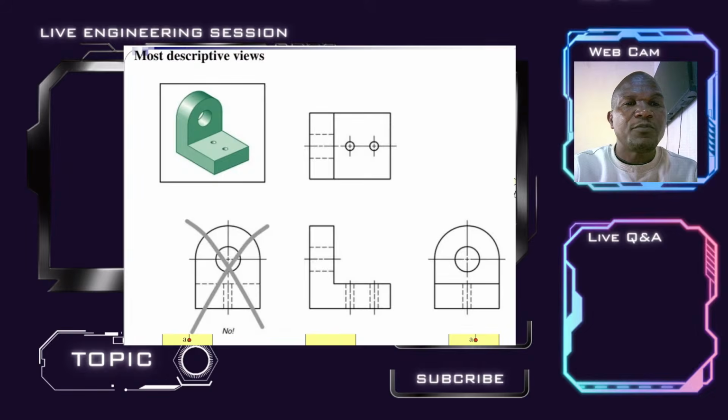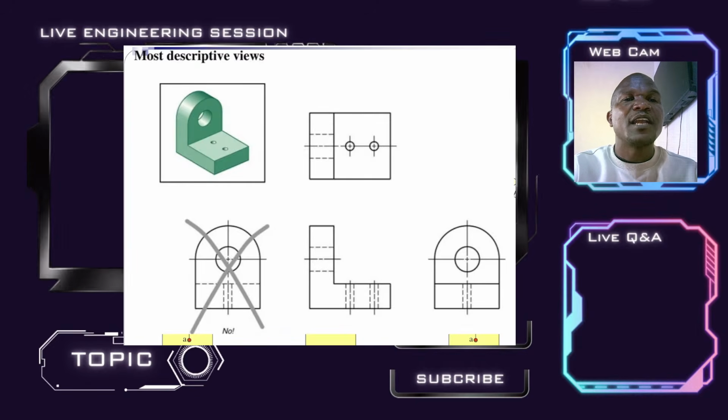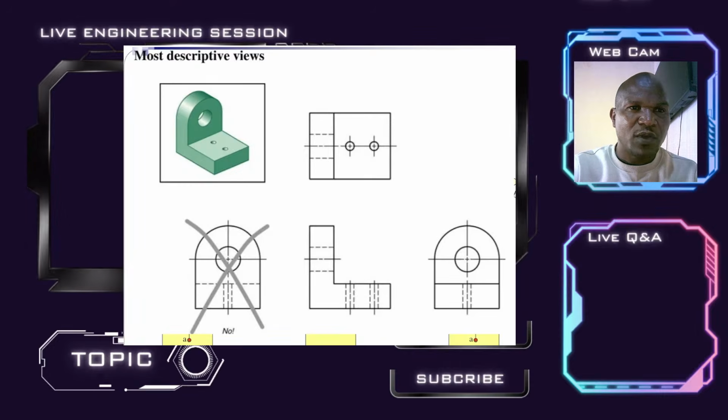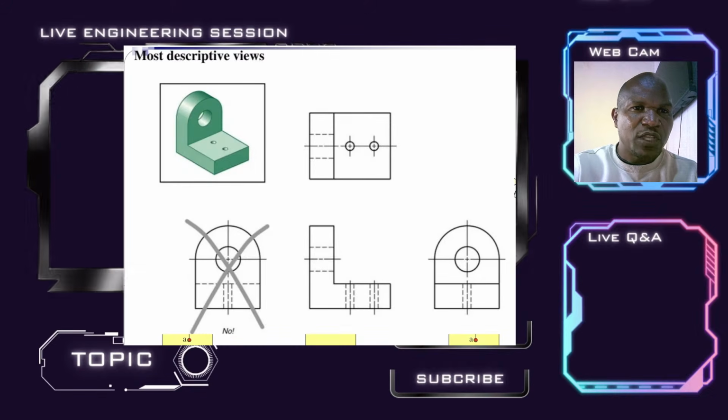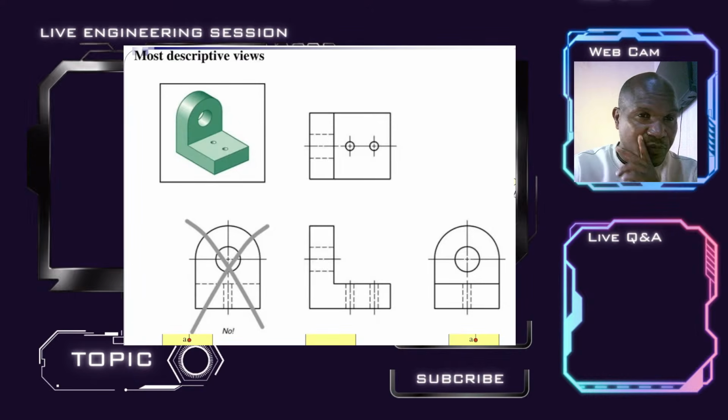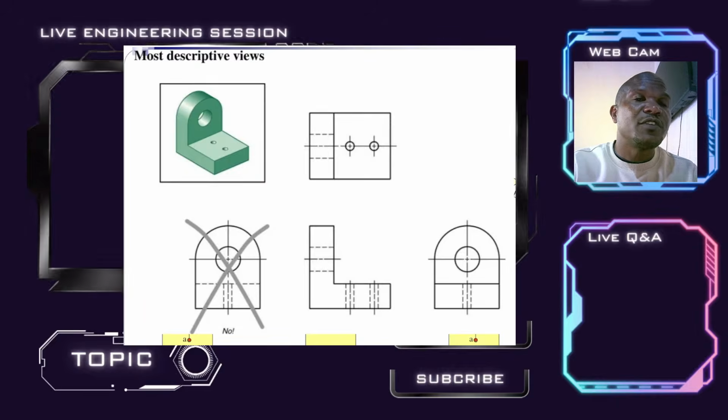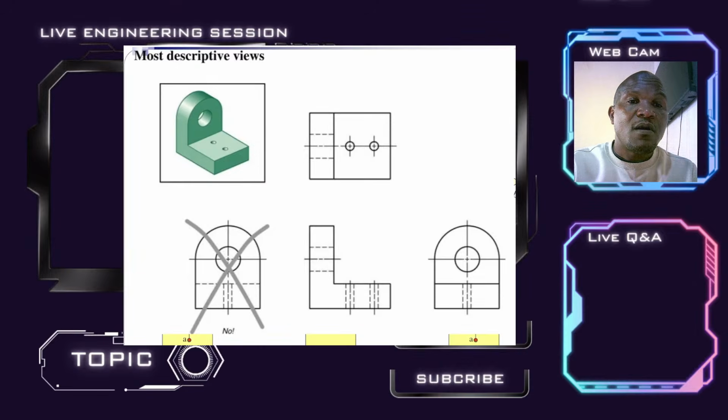Therefore, we take the front view from the left side, which can give us the most descriptive features or contours, whereby we can see that there are hidden features like the two holes, and also there's another horizontal hole that is not visible from the front view. Yes.